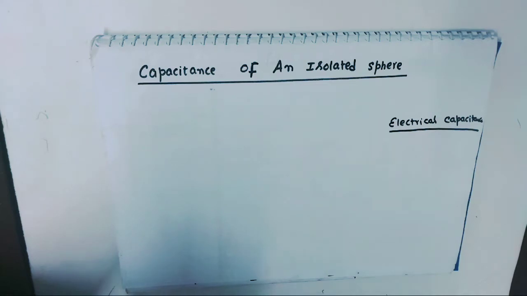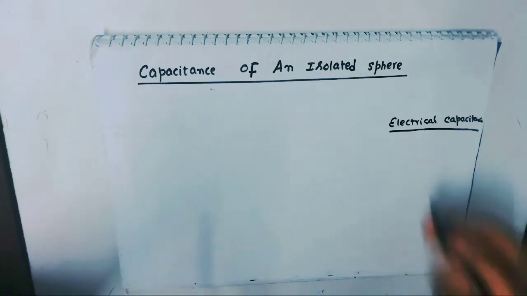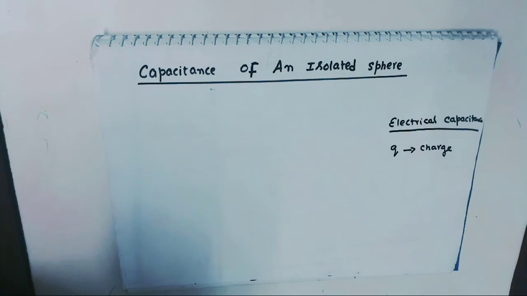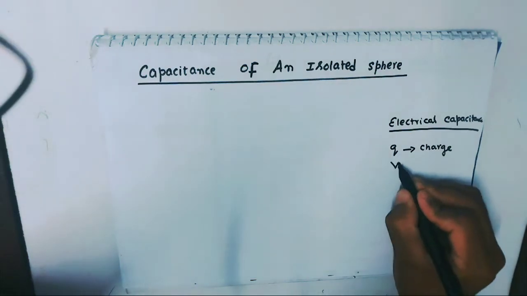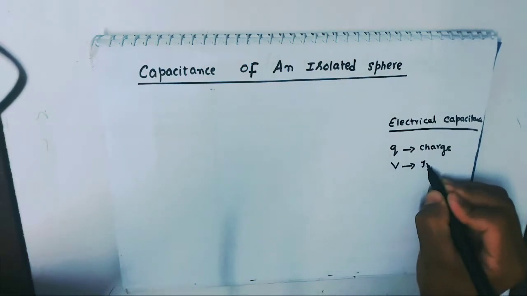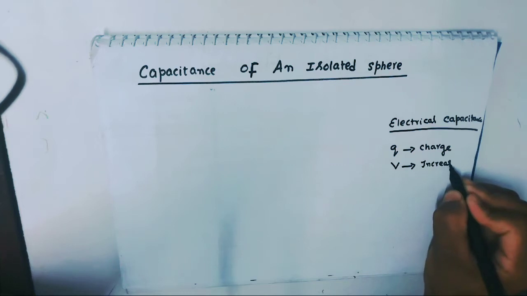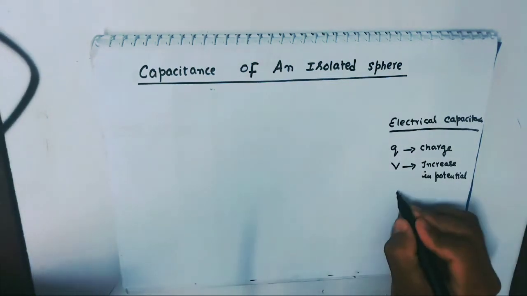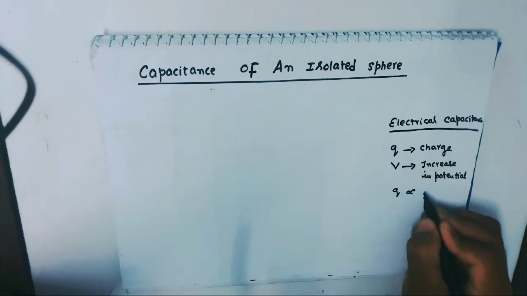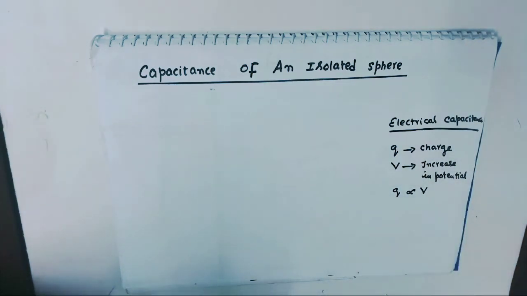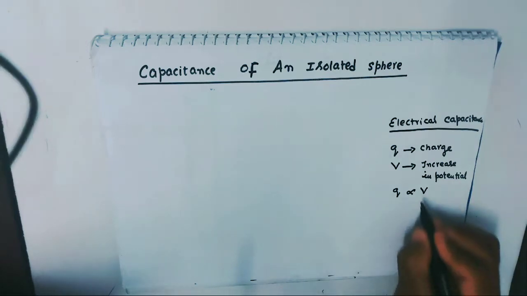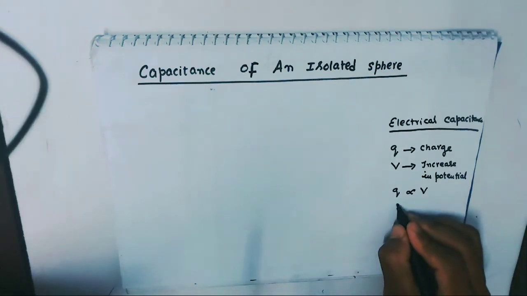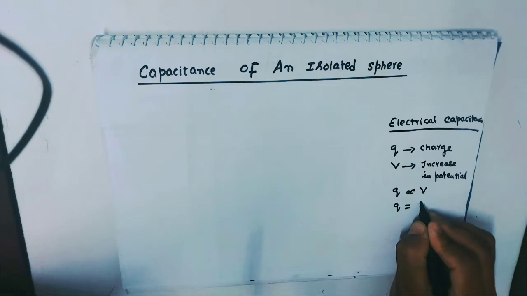If charge Q is given to a conductor so that its potential increases by an amount V, then it is found that Q is proportional to V. If we want to remove this proportionality sign, we write Q equal CV.